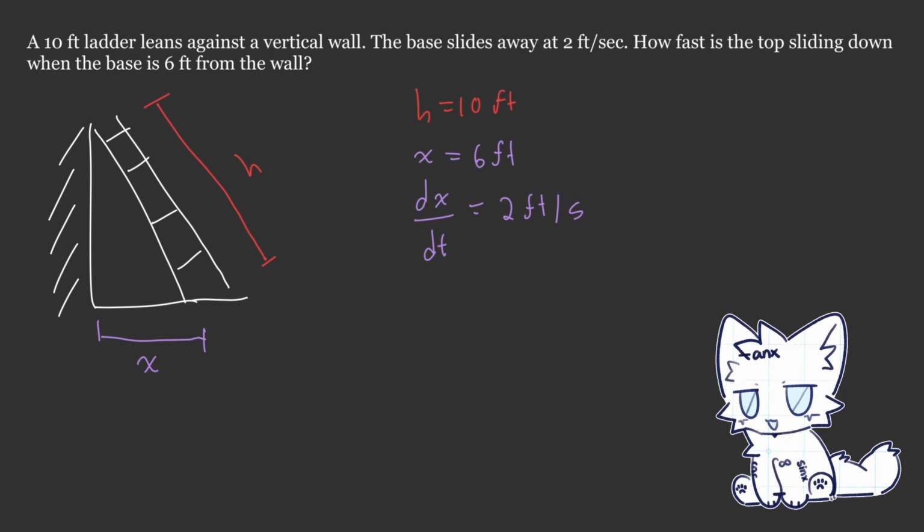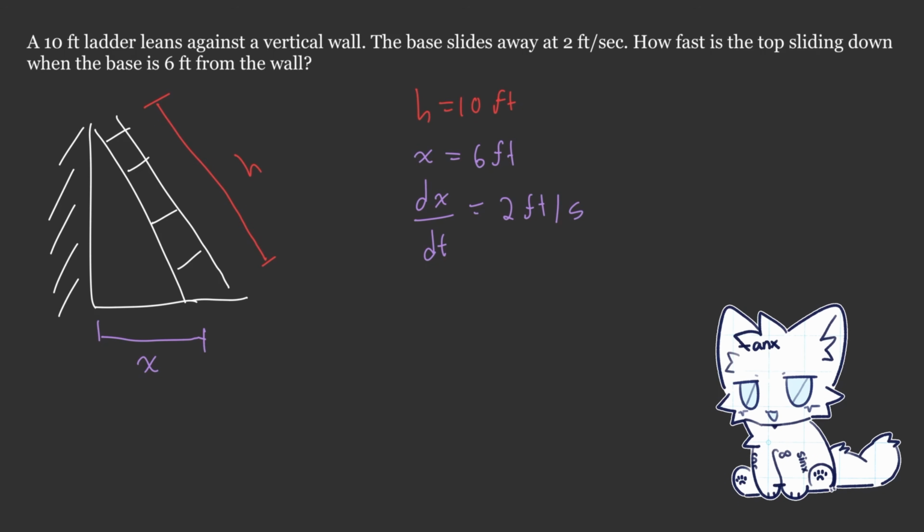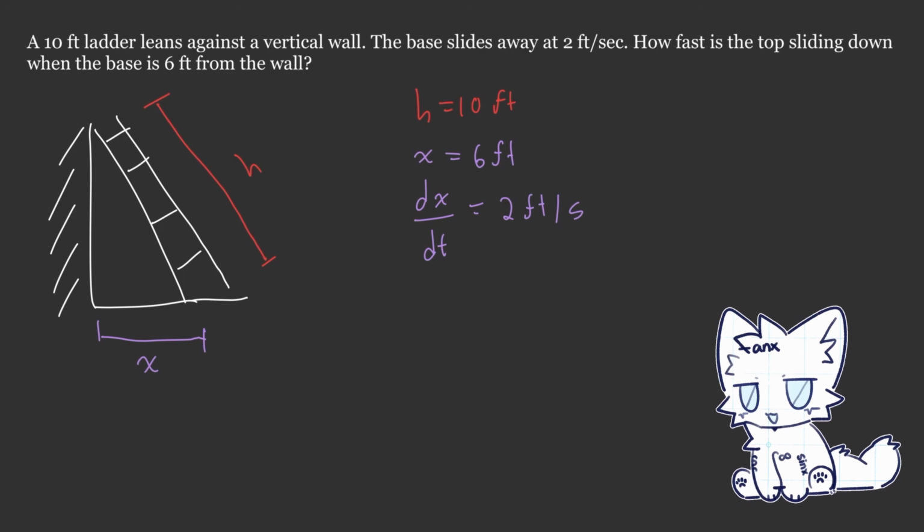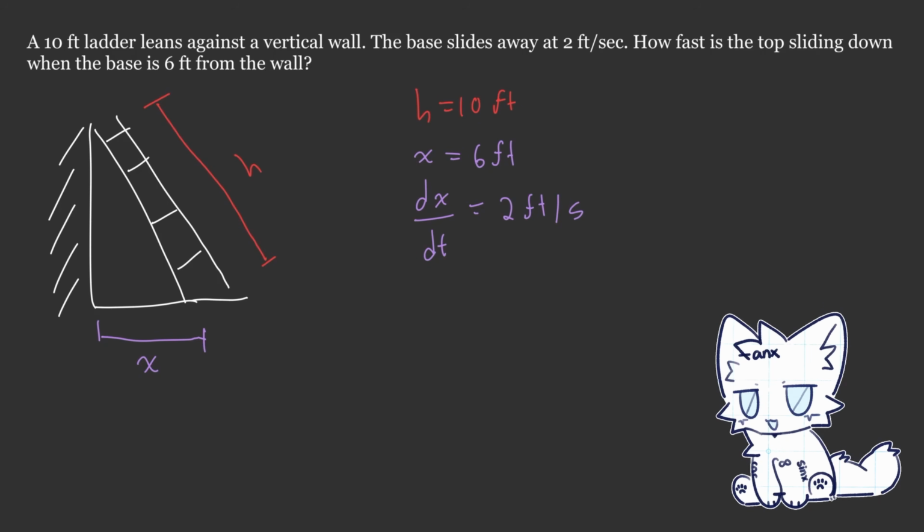How fast is the top sliding down when the base is 6 feet away from the wall? Well, for related rates, we want to try and find an equation that fully encapsulates our situation. So, try and find a shape that we can use and an equation for that shape. Hopefully you tried that. I can see here that it creates a triangle situation.